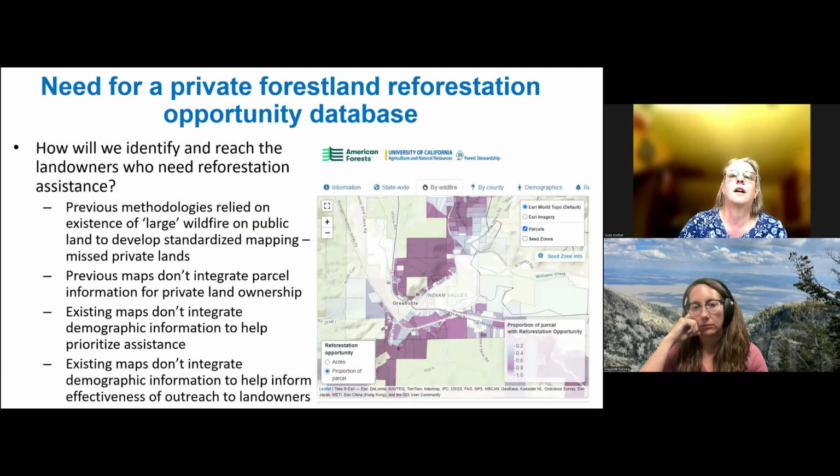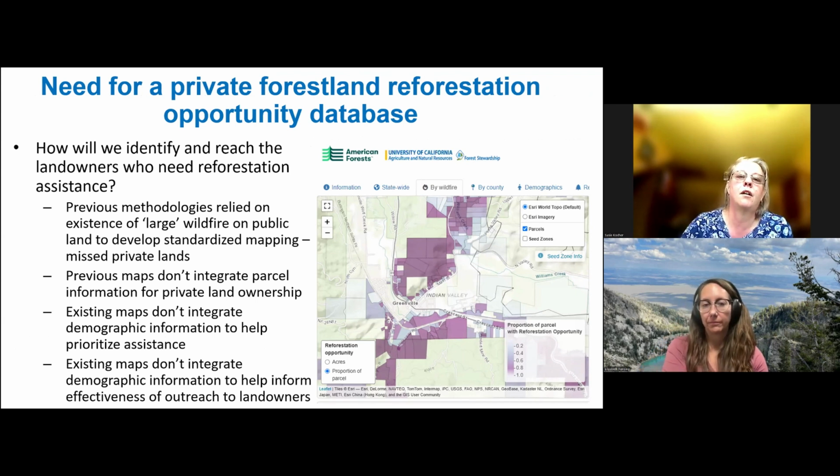So I guess that's my modicum of hope I'd like to offer people. I think there's a lot of hope in this area and people really want to reforest. So it's one ownership along with private industrial. And I think that we can get the work done if we have adequate technical assistance and funding to get this work done.